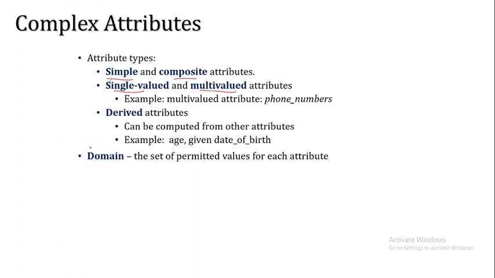And what is a domain? The very important part is the set of permitted values for each attribute. Suppose name is an attribute. What are the permitted values? You can take Raz, then Akshay. These are the set of permitted values for the name attribute. Then if month is an attribute, we can take Jan, February, March, like that.